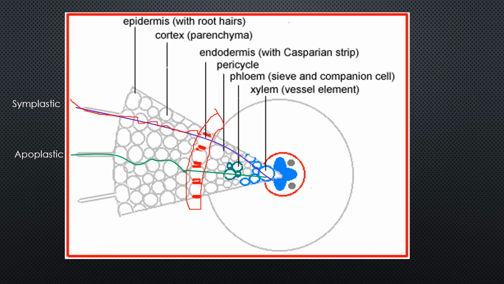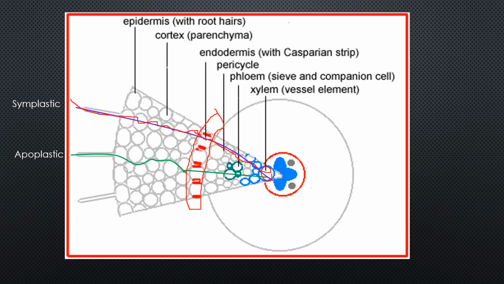So as the water comes in, within the endodermis is where regulation of water takes place. How much water does the plant need to come in? Then it is sent through the cells into the xylem, and through the xylem it is transported vertically up through the plant.